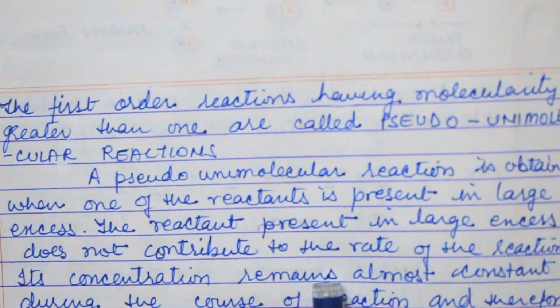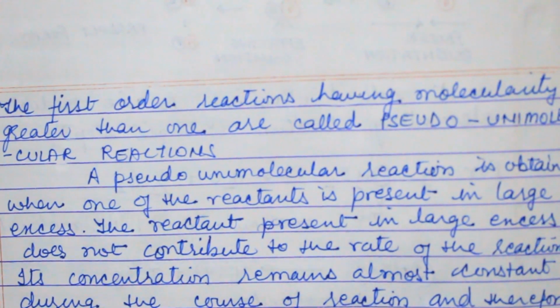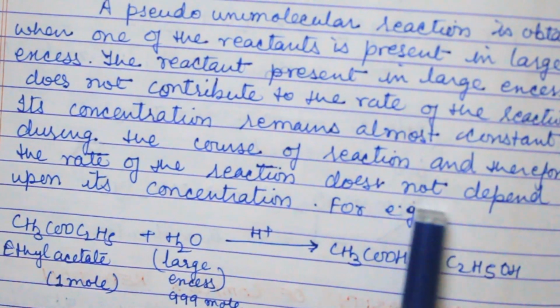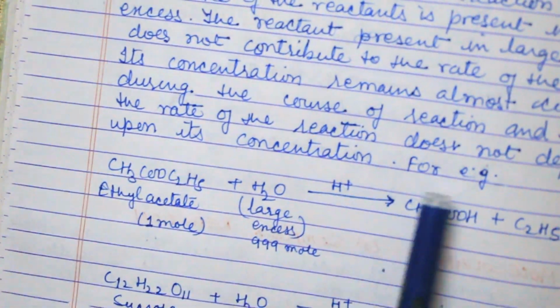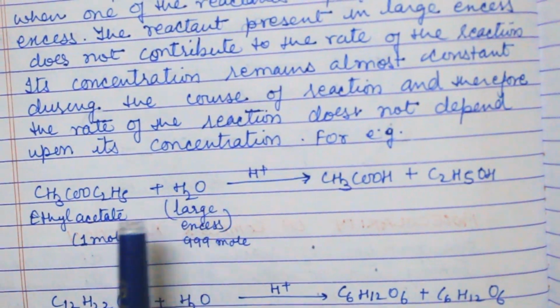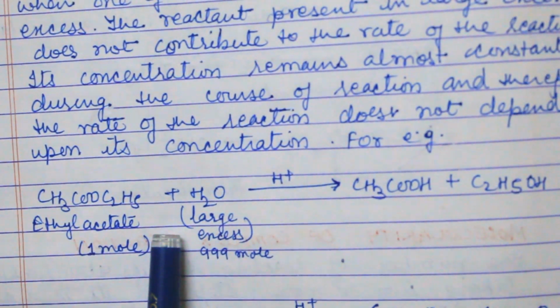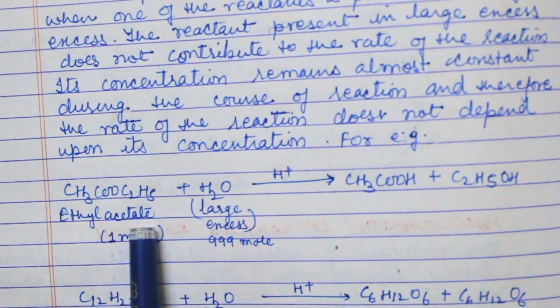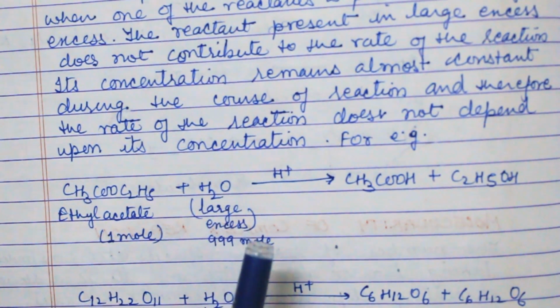Its concentration remains almost constant during the course of the reaction, and therefore the rate of the reaction does not depend upon its concentration. For example, in this reaction, this is the ethyl acetate ester. It just takes part in 1 mole, and the water is in excess.